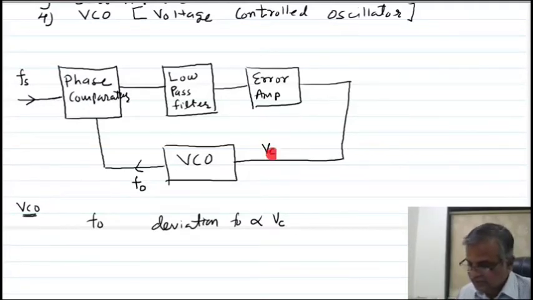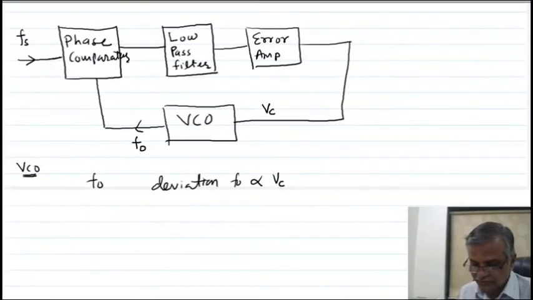As this voltage is changed, the frequency is changed. Hence, this is called a voltage control oscillator. This is the information about the VCO.